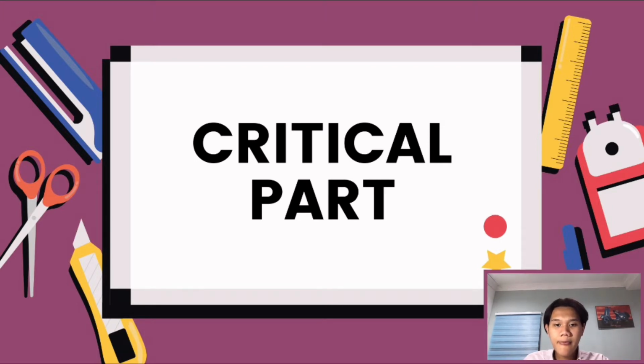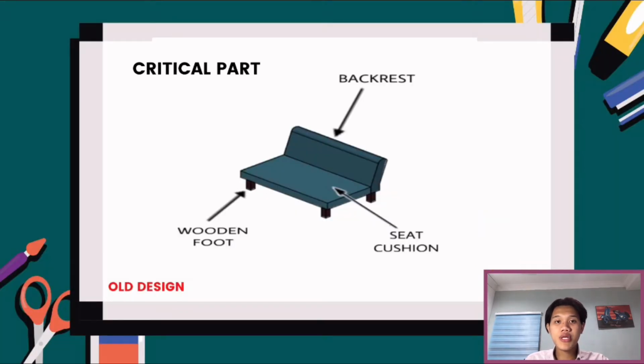Alright, thank you. Assalamualaikum. My name is Muhammad Rizikri, and I will present about the critical part. The first design is the original design that has four parts, and each part has its own function. The parts are a backrest, wooden feet and a seat cushion.